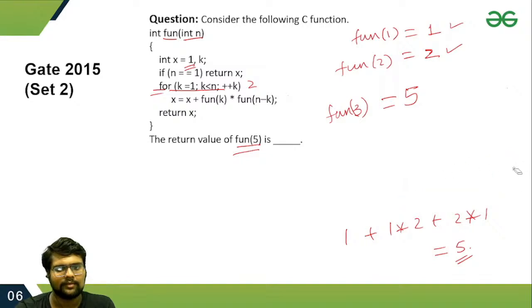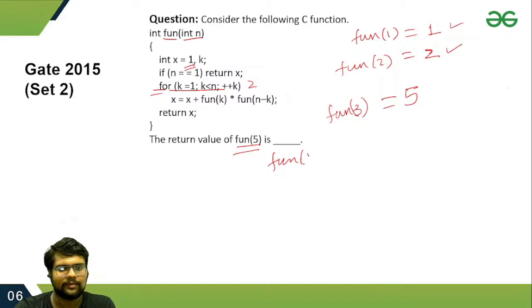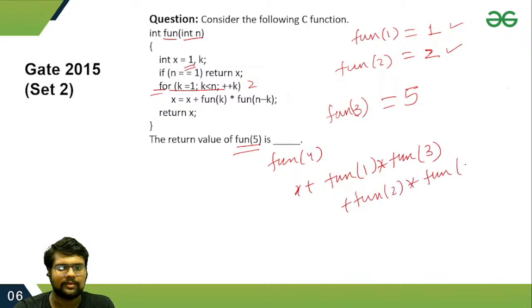What will be the fun of 4 value? So fun of 4 will be x plus fun of 1 into fun of 4 minus 1, that is 3, then fun of 2 into fun of 4 minus 2, that is 2, plus fun of 3 into fun of 1.